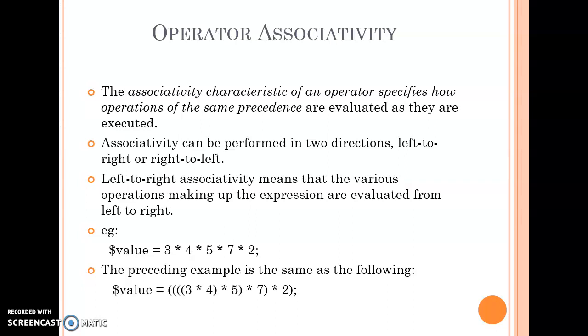In this example, we can use the multiplication operator four or five times. We use left to right associativity for multiplication. That's why we calculate the left values first, and after that we move to the right side values. So left to right associativity is used for the multiplication operator.